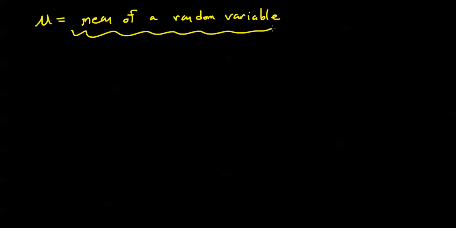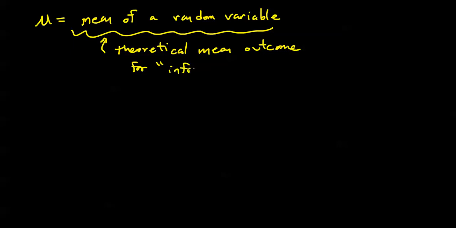Please note, if I'm talking about mu equals the mean of a random variable, well, this is really a theoretical concept based on theoretical probabilities. What I'm really describing here is a theoretical mean outcome for infinitely many trials of an experiment.